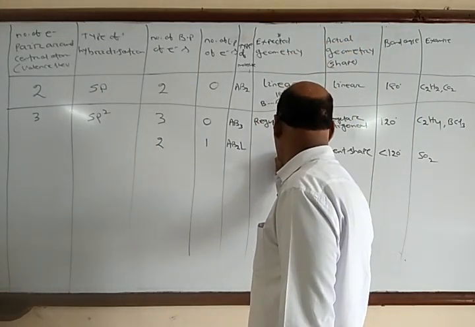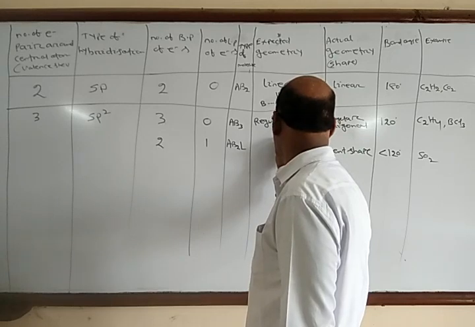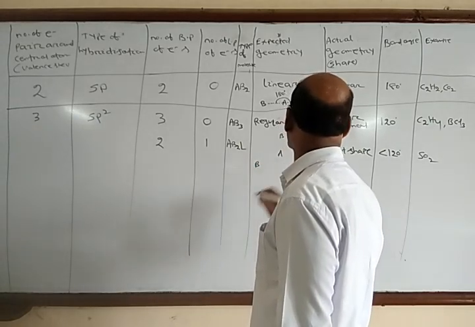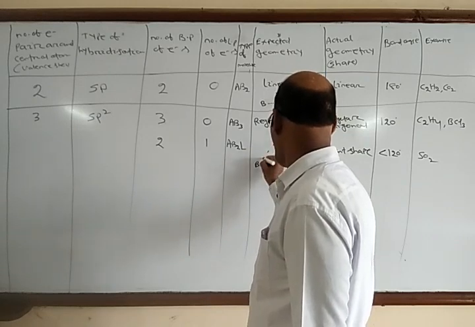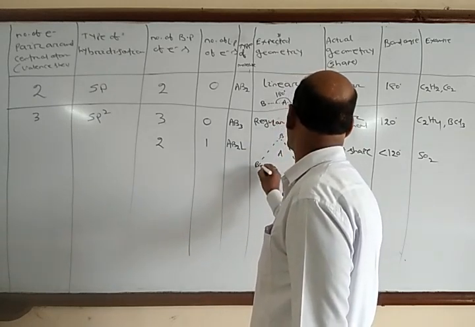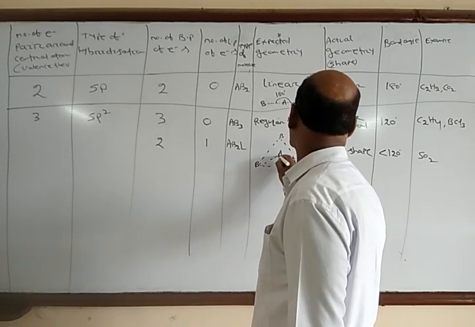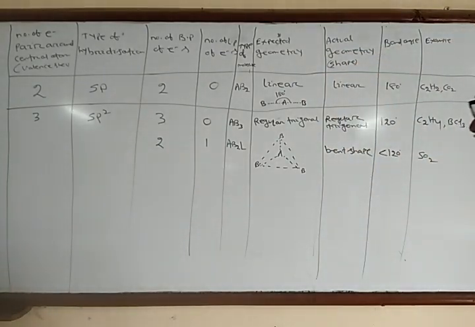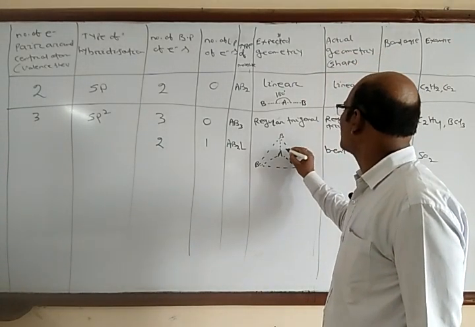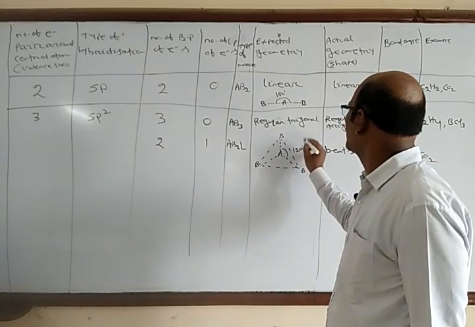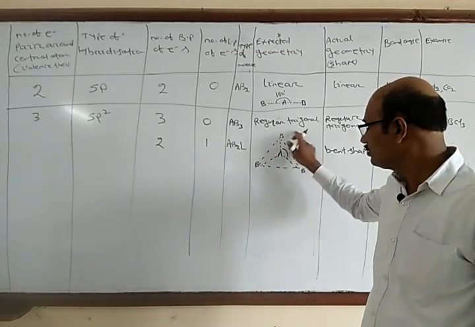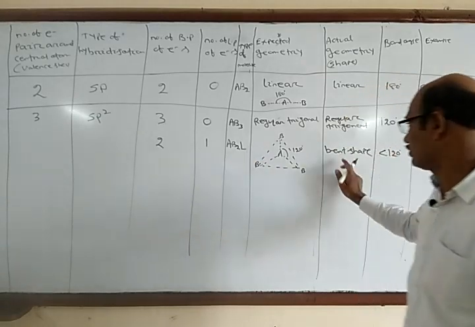Here we can have A and B, B, B. So AB3 type molecules, and this bond angle is 120 degrees. The expected geometry for this also is this one, for this also this one, but for this the actual is this one.